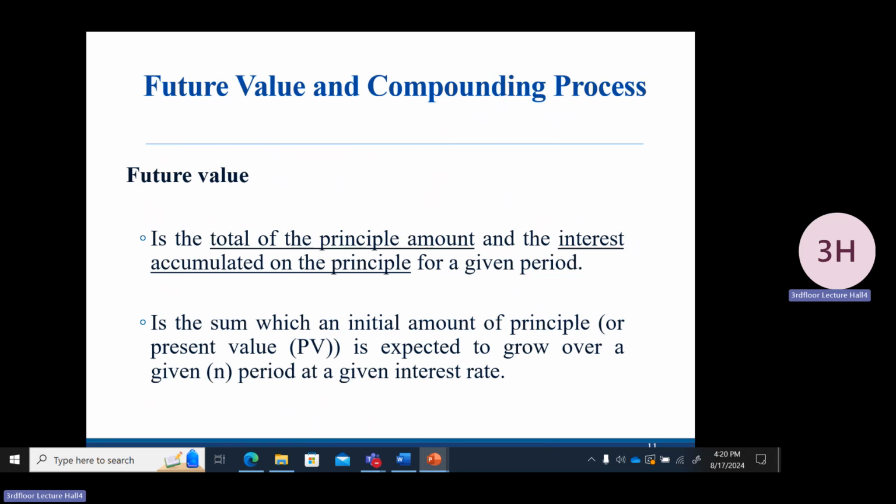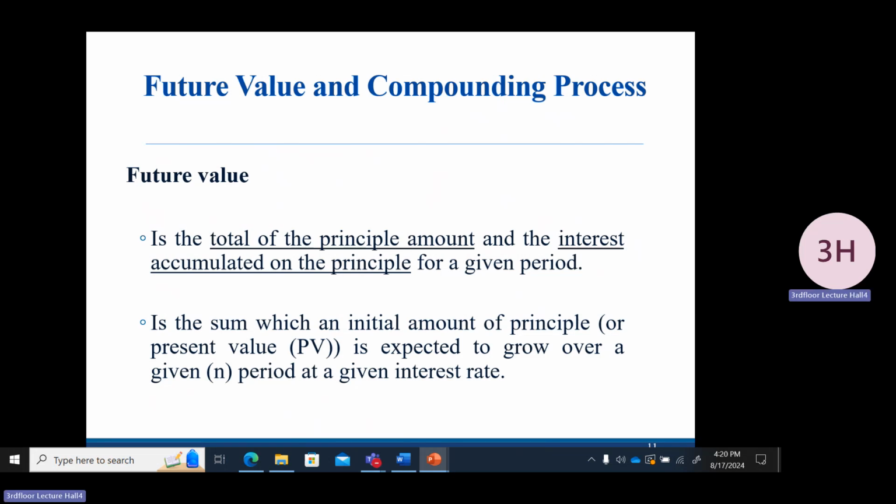Now for this 1,100, how much do you get at 10% interest? 110. So then you will get 1,210. This is the beginning of year 3.